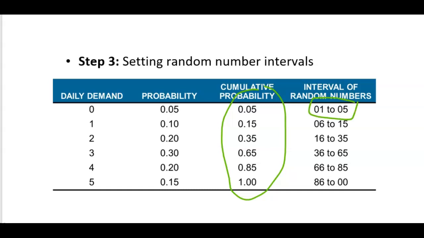When the cumulative probability is 0.15, the interval for the random numbers will start from 6 until 15. So we just follow the values from this cumulative probability.